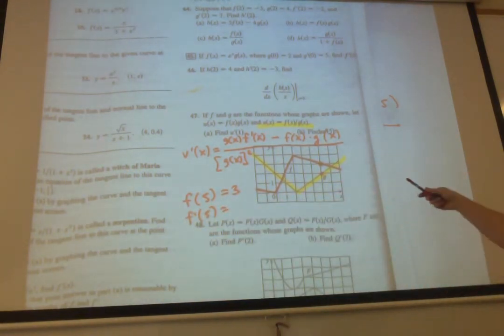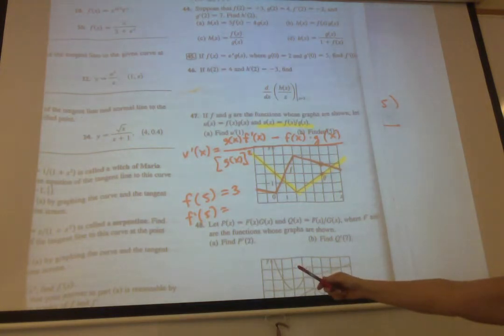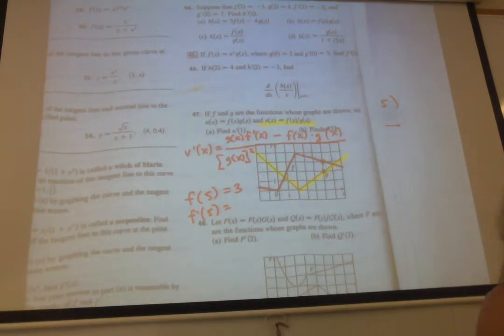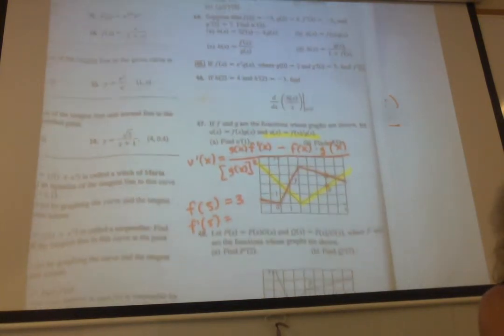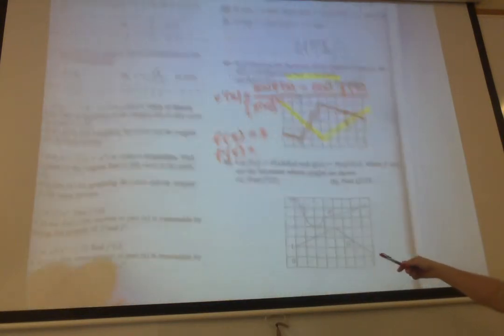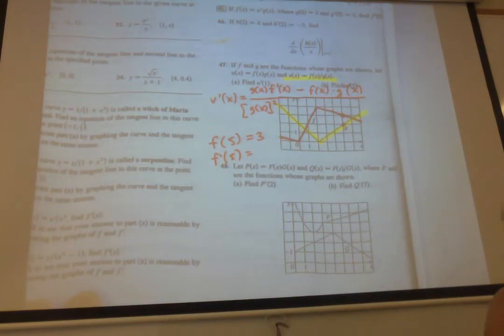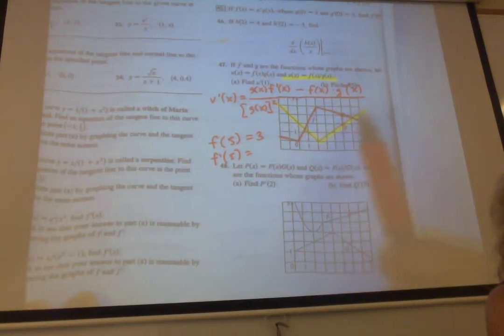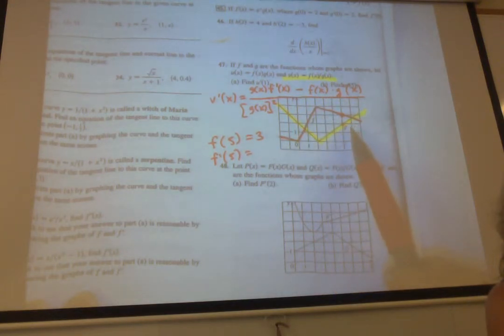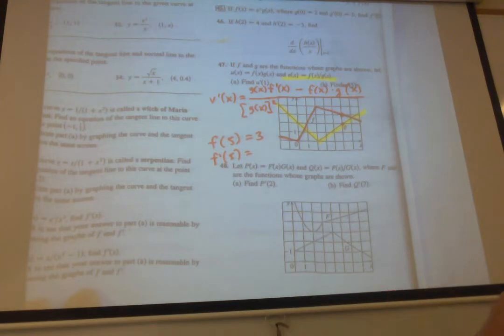But what is the derivative at that point? Negative 1/3. How did you get that, Sylvia? Okay, that's right, because this is a line right here. It's linear, which means it has a constant rate of change. So we know if it's linear, the derivative is just going to be the slope of that line, which in this case is what she said, negative 1/3, okay?